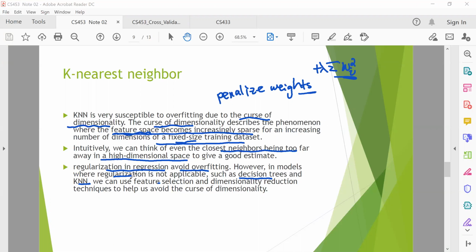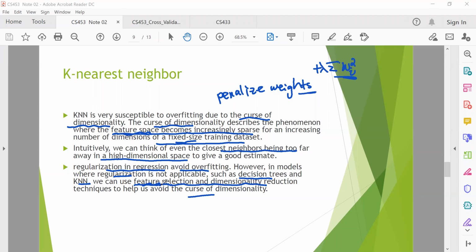The way to deal with this curse of dimensionality is feature selection and dimensionality reduction. If you have too many features, that can cause the curse of dimensionality.